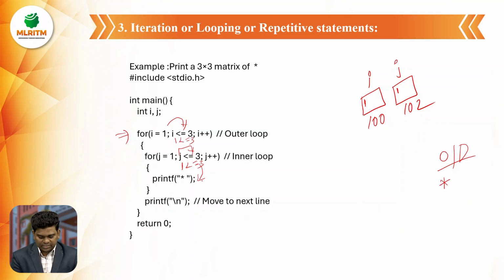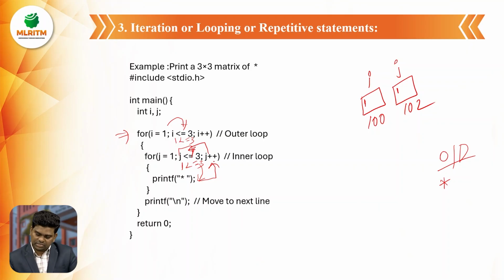Then after this statement, it goes to the modification part of the inner for loop, because we are in the inner for loop. Then again it goes to the condition part of the inner for loop and checks j less than or equal to 3. What is the j value?